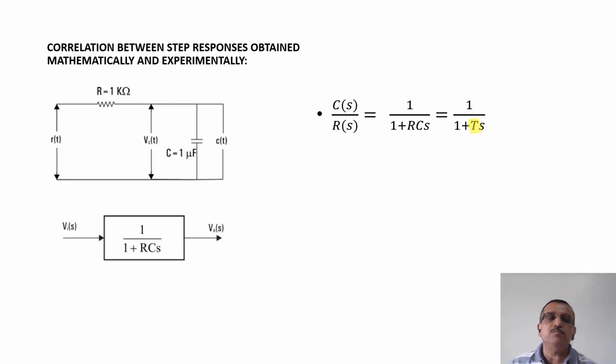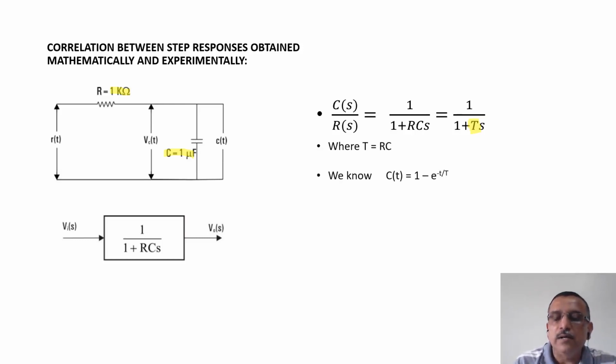For this system, the time constant is R into C. I have given some numbers here. R is 1 kilo ohm, C is 1 microfarad. So R into C will be what? 1 kilo into 1 micro. Kilo is 10 raised to 3 and micro is 10 raised to minus 6. So RC will be 1 millisecond. I think I have calculated it. Where T is RC, and we know.